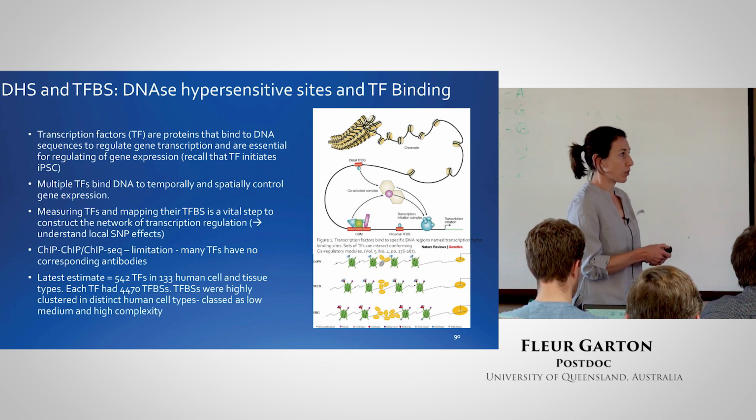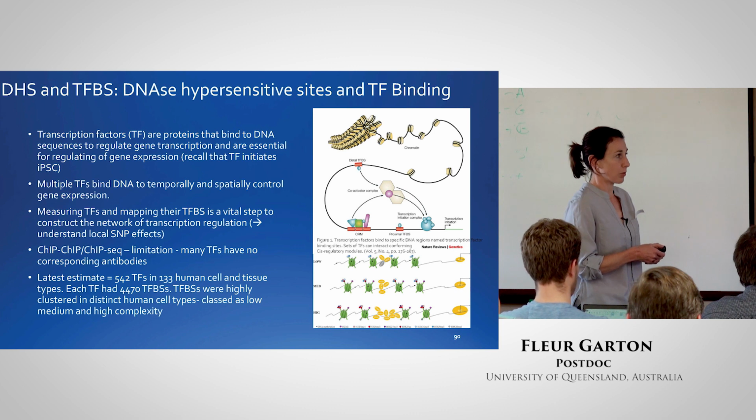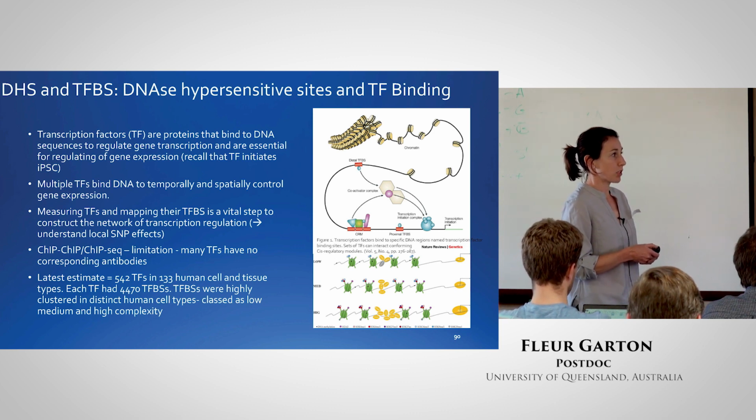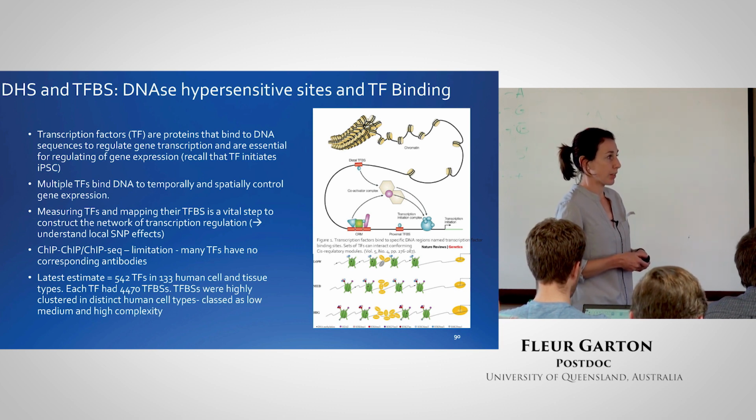So this is a picture of the DNA when it's condensed. When the chromatin is decondensed, you can have a distal transcription factor acting together with a number of different factors to regulate this transcription.